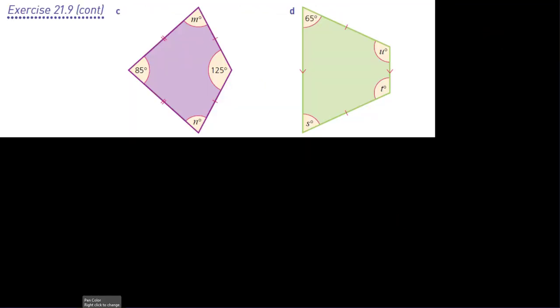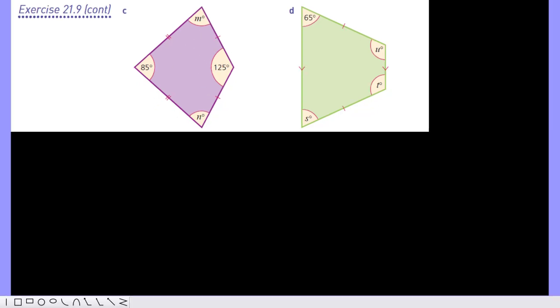Okay, here this is kite, and in kite we are going to find the m and n. We know that opposite sides, these two, they should be equal to each other, but I'm going to use the triangle property here to find that one. Here I can choose one angle, I mean from this angle to this angle.